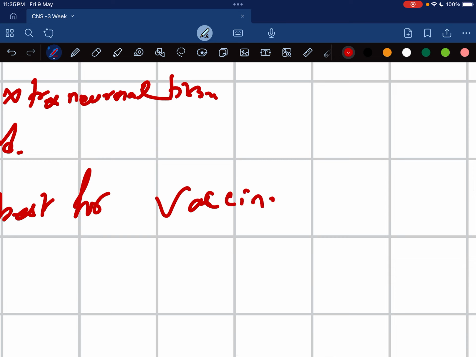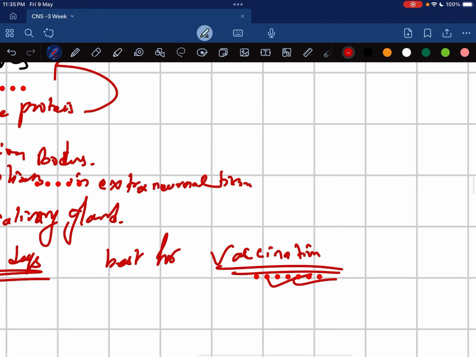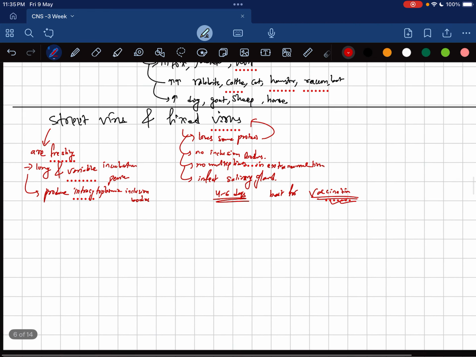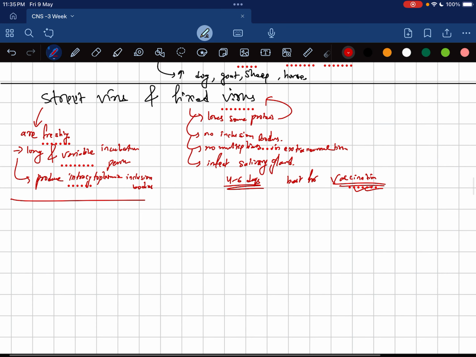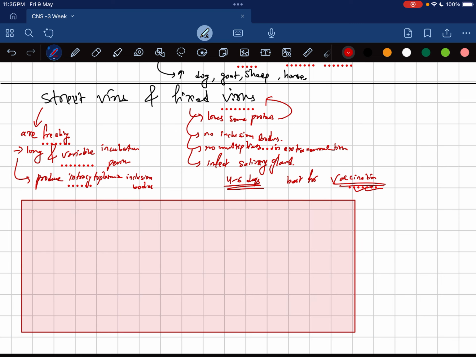Further, we will discuss the differences between these two strains. I am drawing a table, as it is better to discuss in the table.